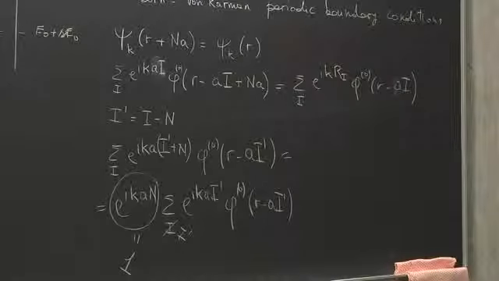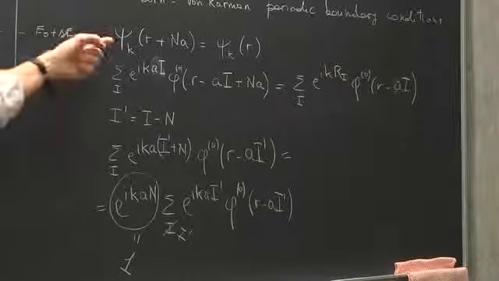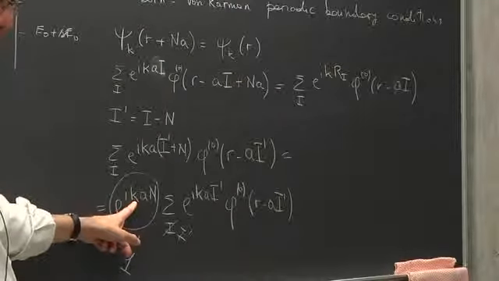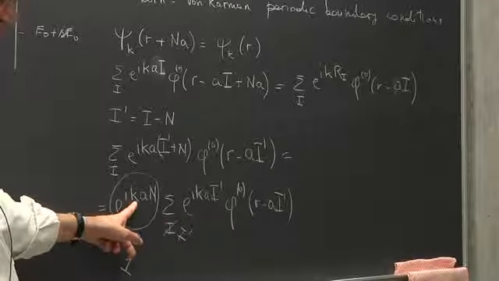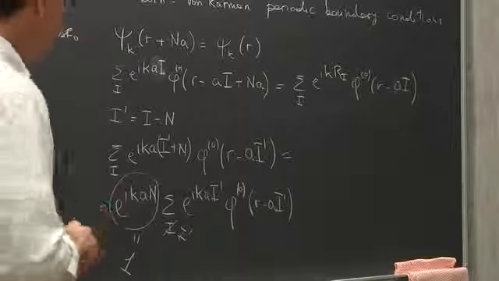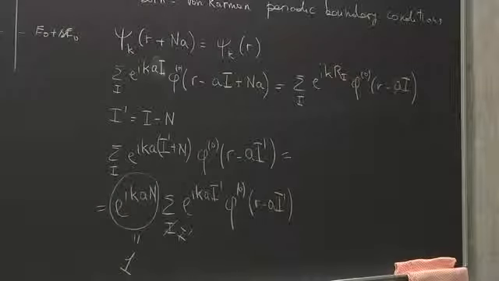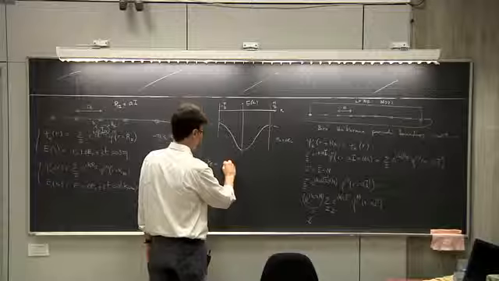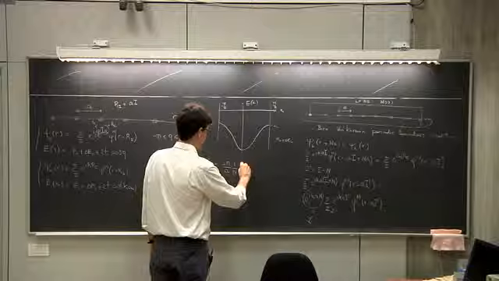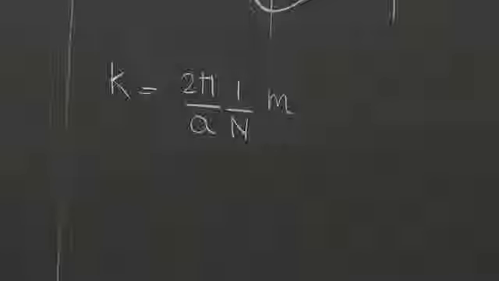So imposing these boundary conditions forces k to take selected values, not all possible values in the range, but values equal to 2 pi over a, times 1 over N, times an arbitrary integer, right?